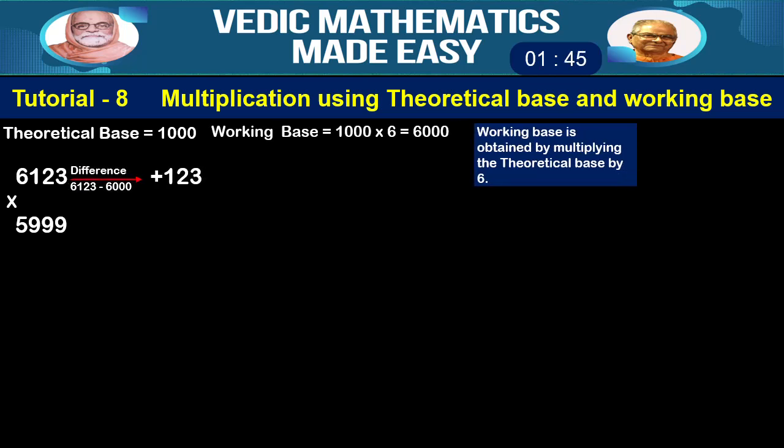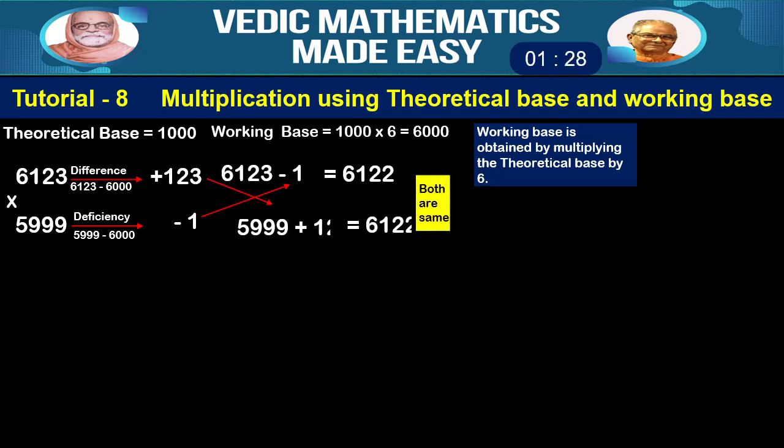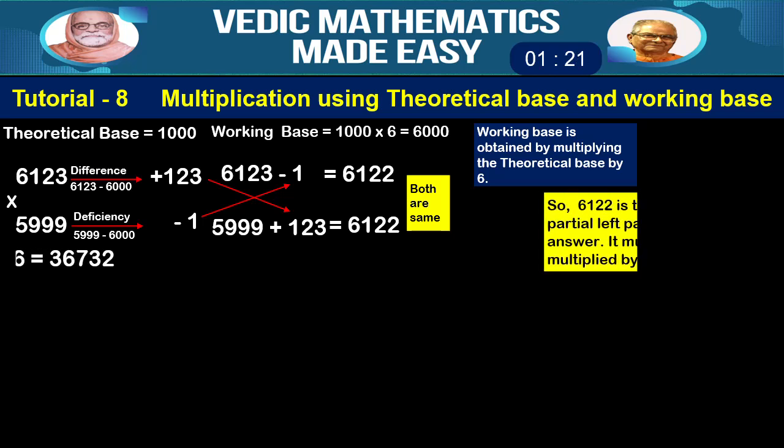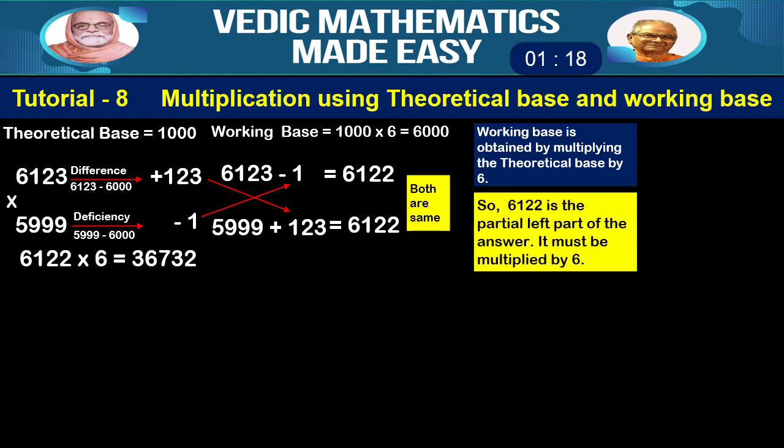Difference of 6123 is equal to plus 123, and deficiency of 5999 is minus 1. 6123 minus 1 is equal to 6122, and 5999 plus 123 also is equal to 6122. 6122 into 6 is equal to 36732. It is the partial left part of the answer.